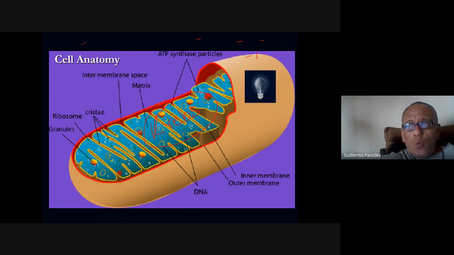For example, one of the highest numbers of mitochondria is located in the cells of the liver. The liver is the huge, big factory of the body. How many items does the liver produce? 512.